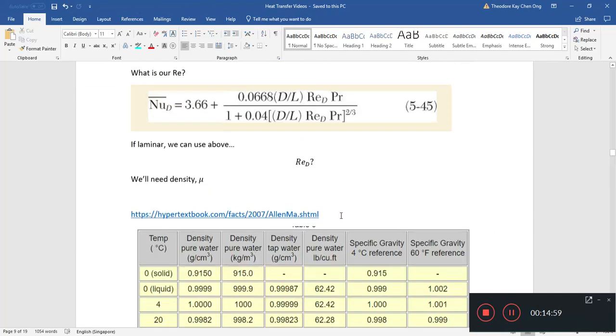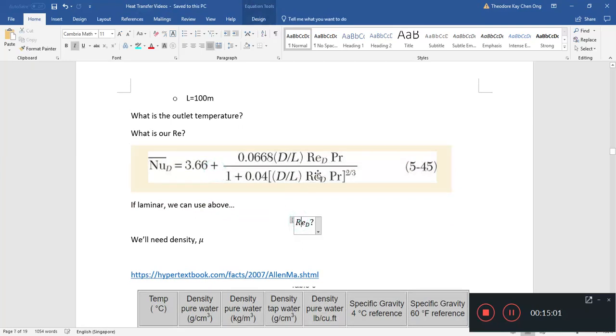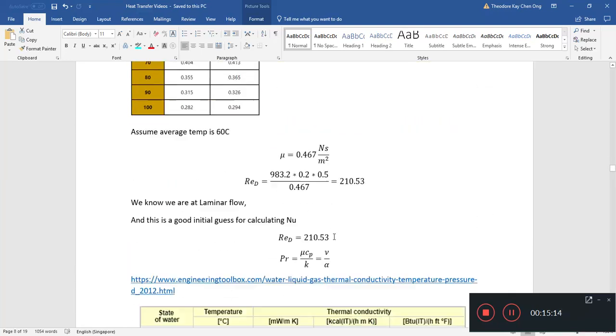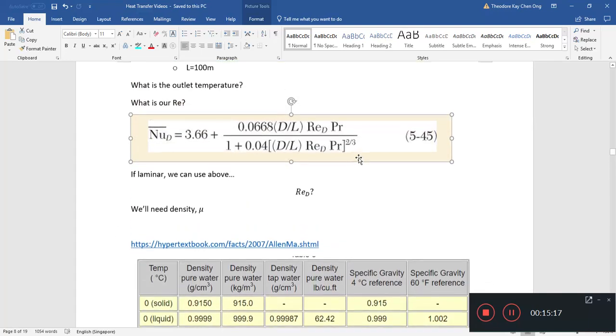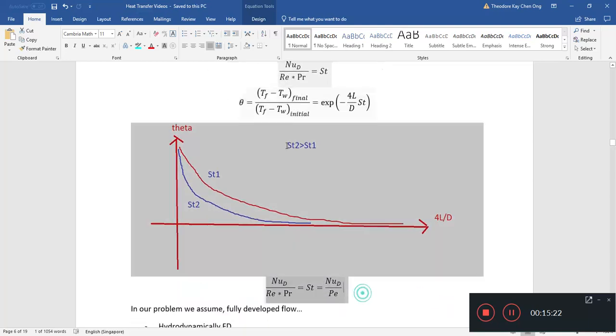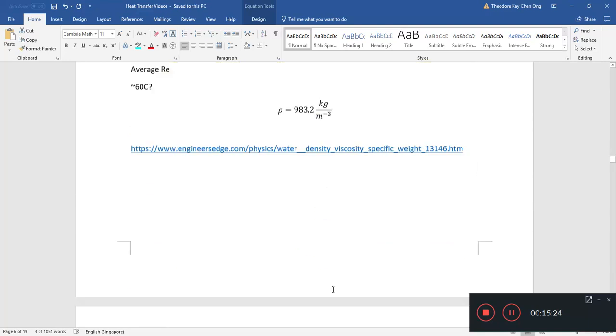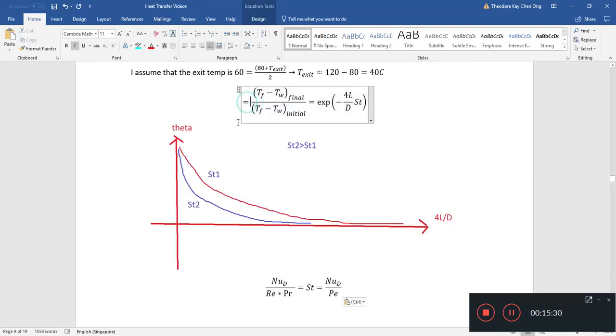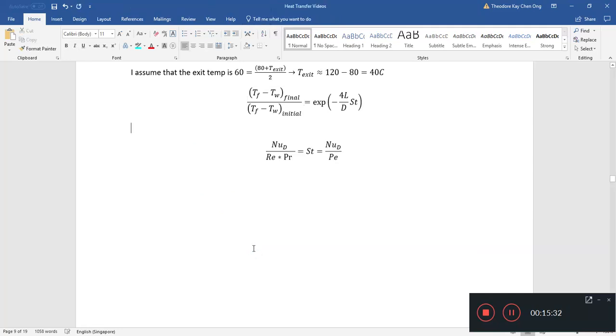I'm going to evaluate my Nusselt number, assuming the exit temperature is 40 degrees C. So I evaluate Reynolds number and Prandtl number at 60. I calculate my average Nusselt number, then I plug it into my equation. Okay, that's my equation. I plug in my Nusselt number, my Reynolds number, and my Prandtl number.